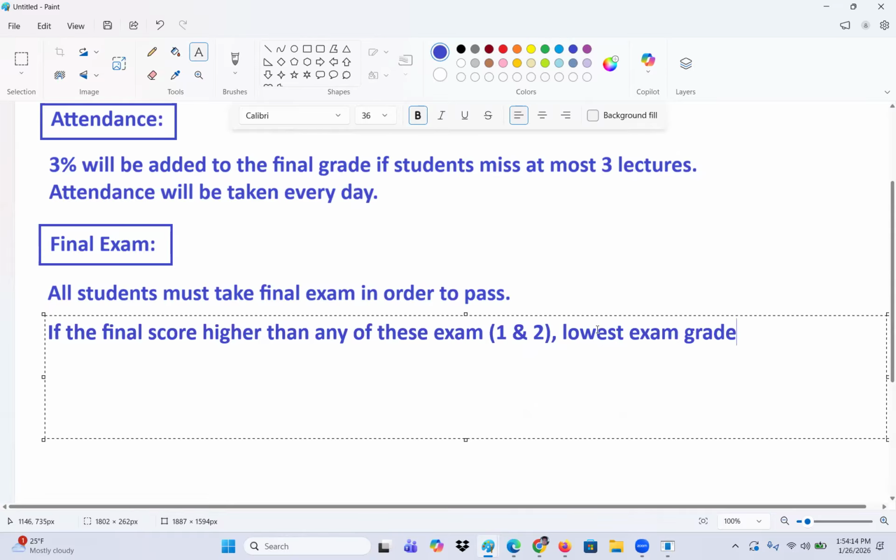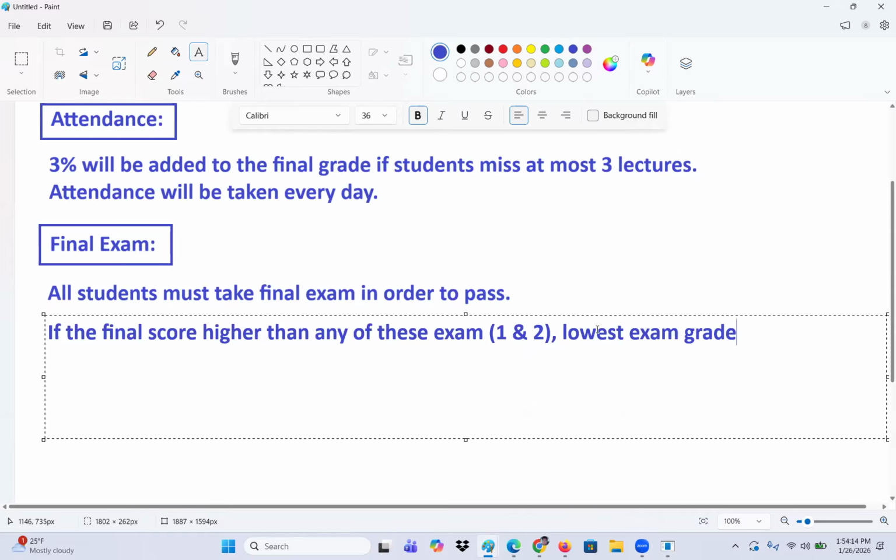So what's going on is that the lowest exam will get dropped and replaced by the final exam. So exam one becomes a 78. Exam two is unchanged, so it'll be 70. And the final exam will also be 78.